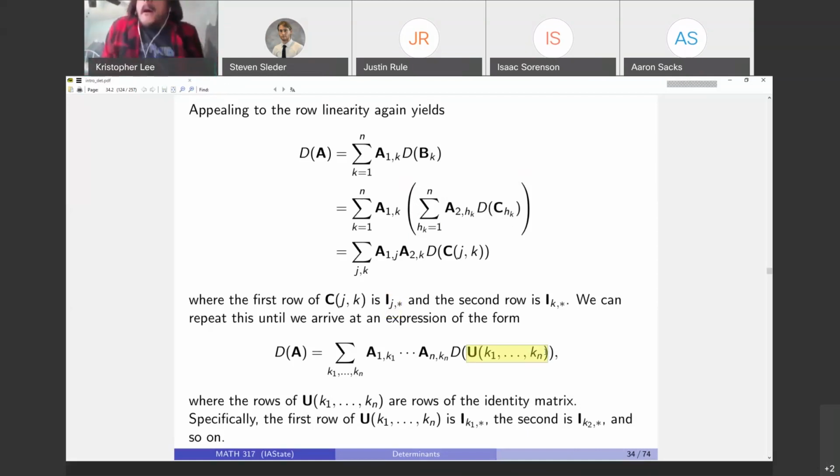But note at this point, all that's used here to do this is the row linearity. Row linearity guarantees this, but we don't like that idea of repeating rows. That's why alternating is a nice assumption to have here, because now if I look at this, basically a whole bunch of these are going to equal 0.